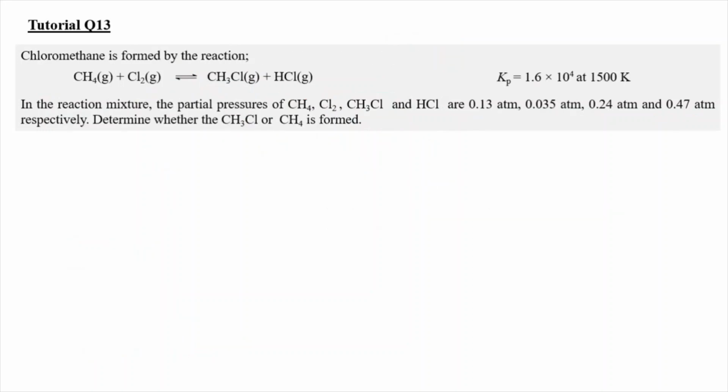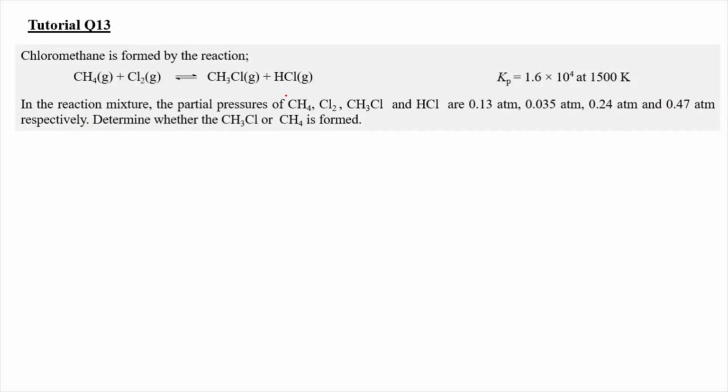So for tutorial question 13, the chloromethane is formed by the reaction of CH4 gas reacting with chlorine gas in order to produce CH3Cl as well as HCl. So in the reaction mixture, the partial pressures of the methane, Cl2, CH3Cl, and HCl are 0.13 atm, 0.035 atm, 0.24 atm, as well as 0.47 atm respectively.